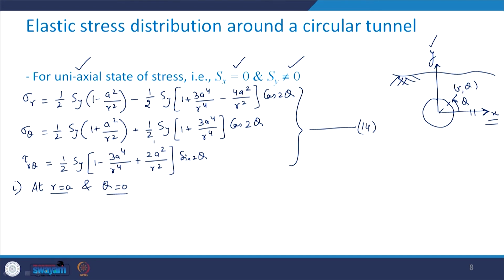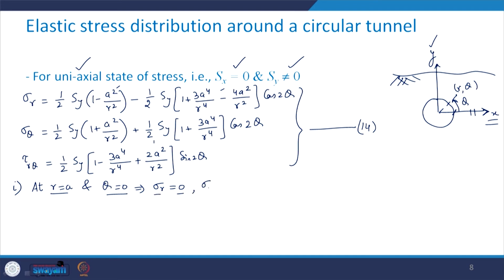R equal to a means it is here at the tunnel periphery, and theta equal to 0 means it is in the x direction. So, what I am going to get here is sigma r will be equal to 0. Just substitute r equal to a. So, you see this term will become equal to 0 and this term will also become equal to 0, resulting in sigma r being equal to 0.